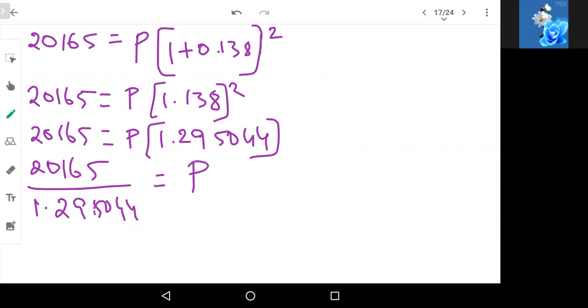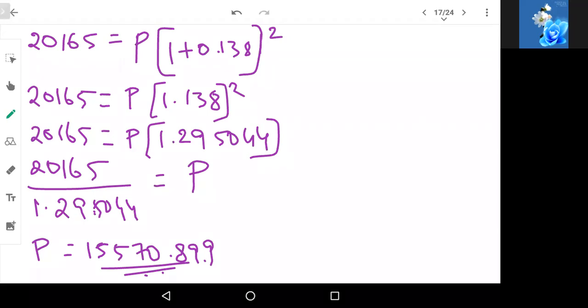So what is the P? 15,570.899. Thank you, Spurti. Thank you for the value. Okay, or you can write it as P is equal to 15,571. That also is fine.